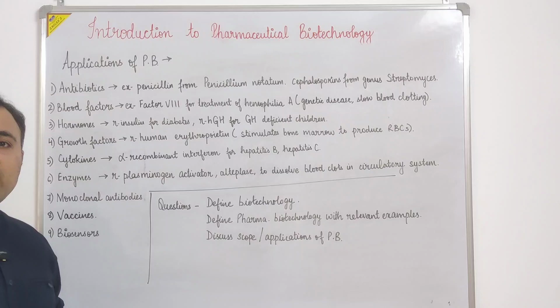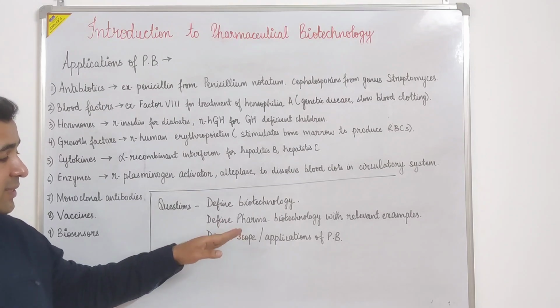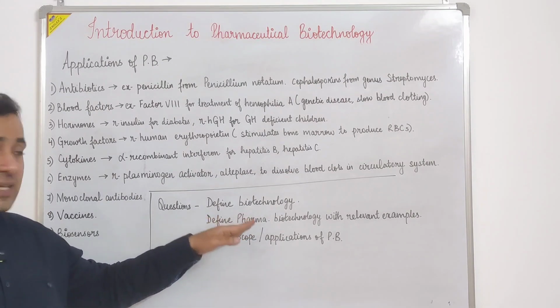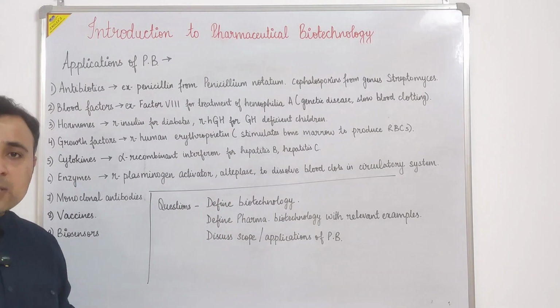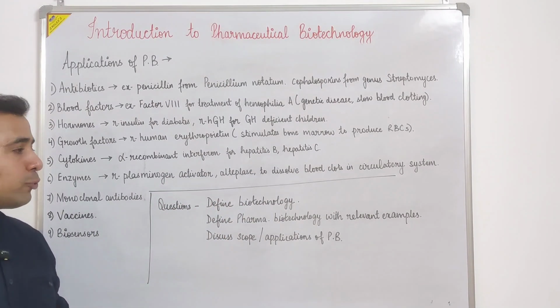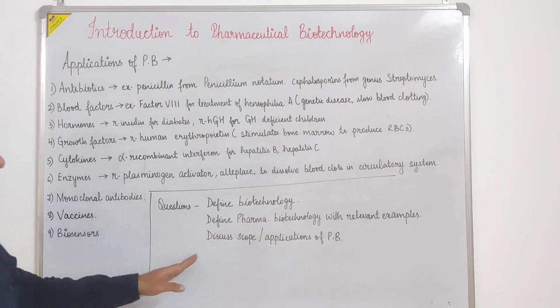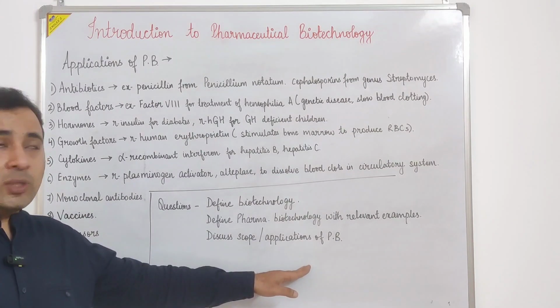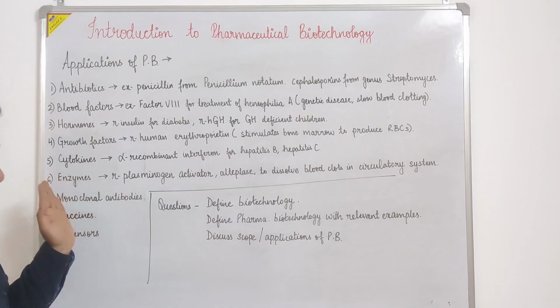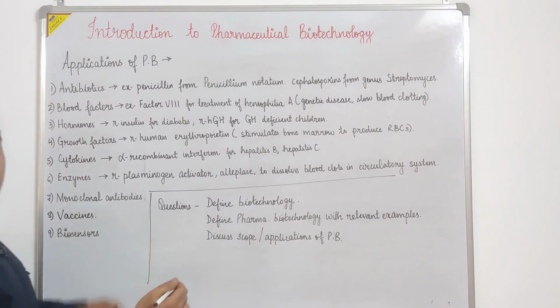You should not write examples from marine biotechnology, food biotechnology or agriculture biotechnology. If the question says to define and give examples from pharmaceutical biotechnology, you have to give examples of the drugs which have been produced through biotechnology. Or you can get a question like discuss the scope or application of pharmaceutical biotechnology, which we have already covered in this lecture.